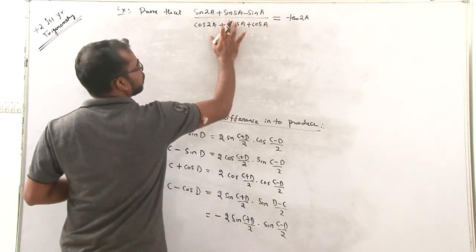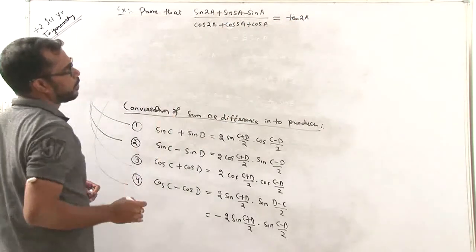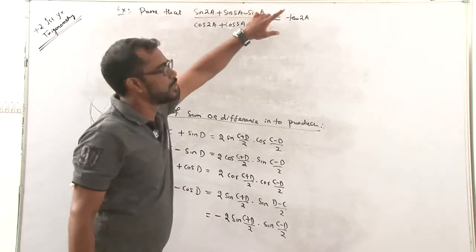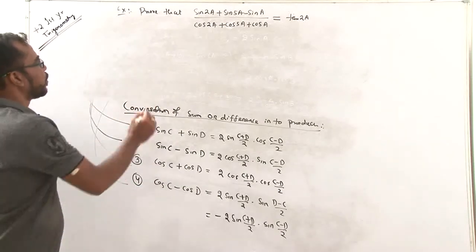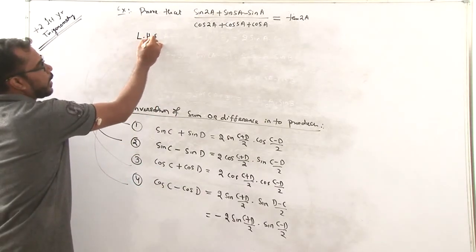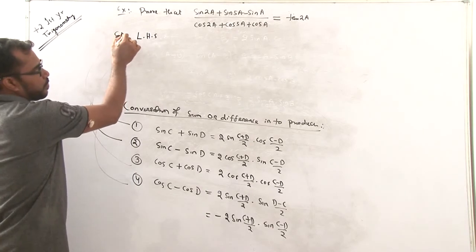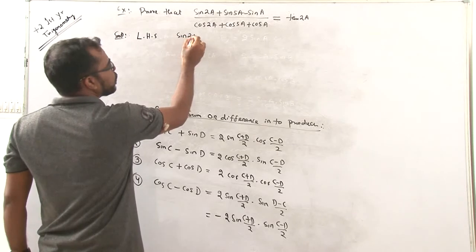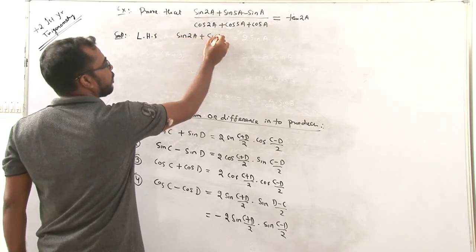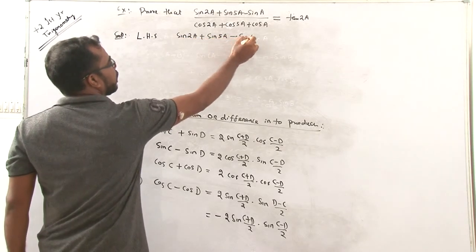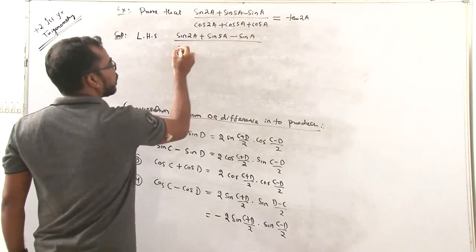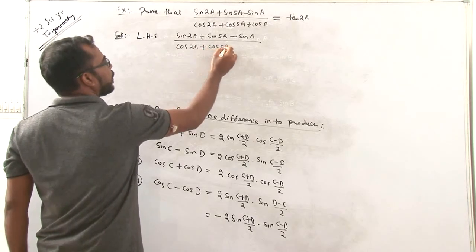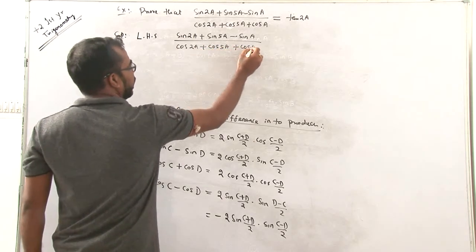So here we have to prove this expression is equal to tan 2a. Let's first take the LHS. Here LHS is (sin 2a plus sin 5a minus sin a) by (cos 2a plus cos 5a plus cos a).